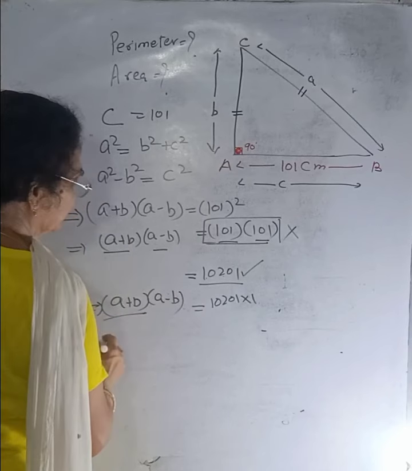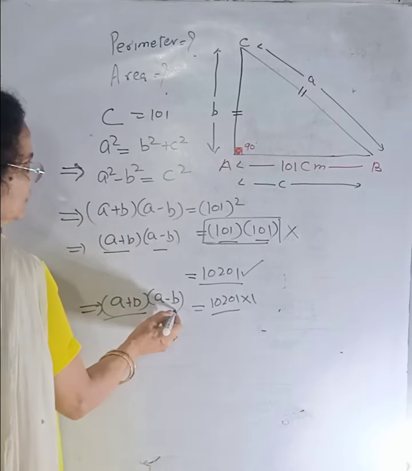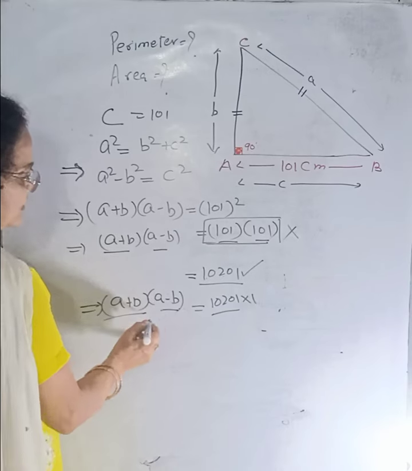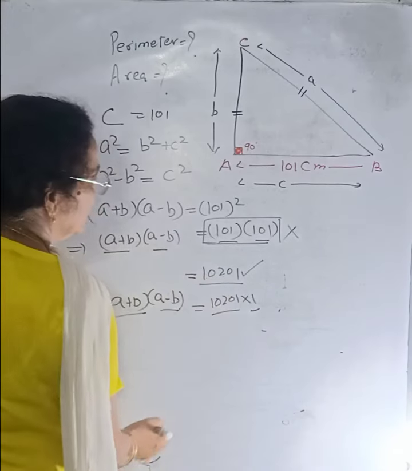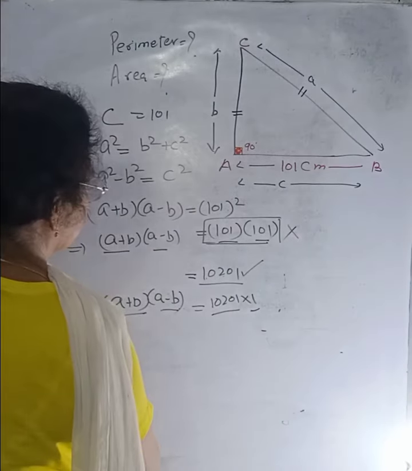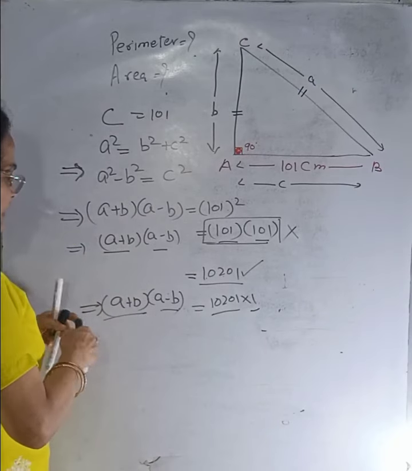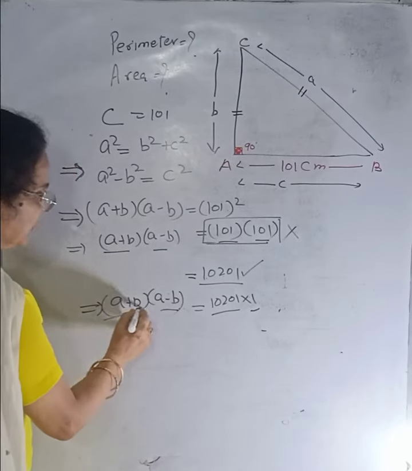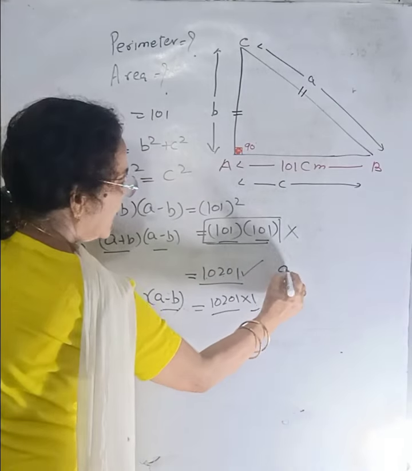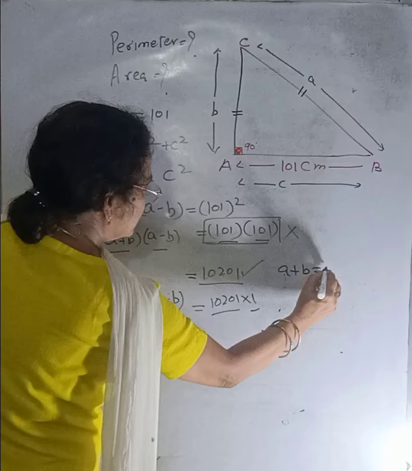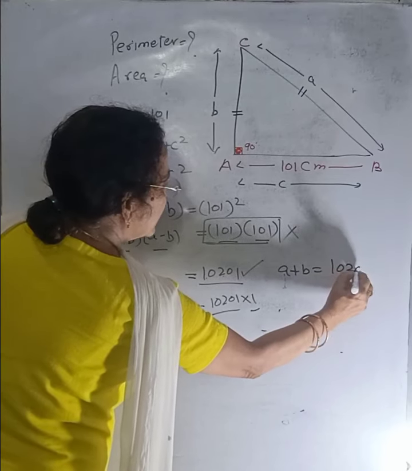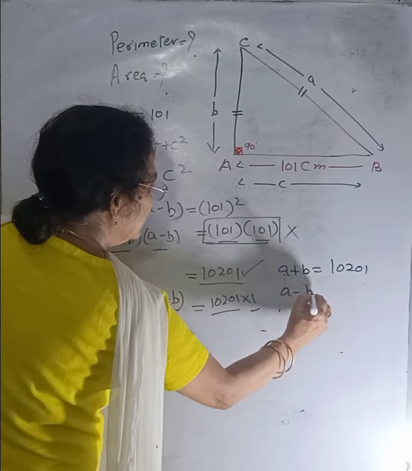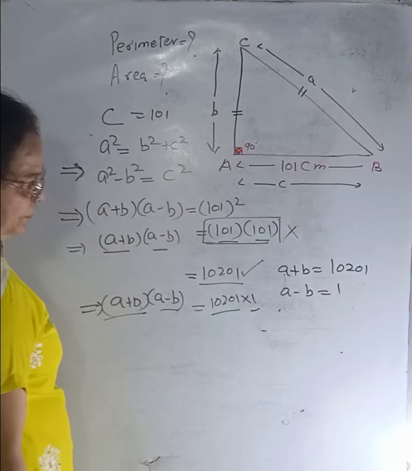In which the bigger factor will be equal to this, and the smaller one, the lesser difference, will be the smaller one. Or we can say from here, इसे क्या कह सकते हैं हम ये कह सकते हैं कि A plus B is equal to 10,201, and A minus B is equal to 1.